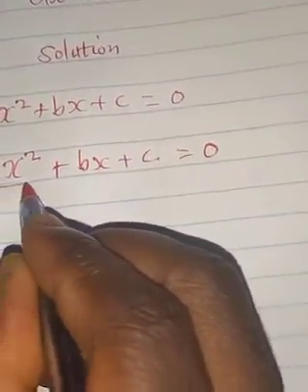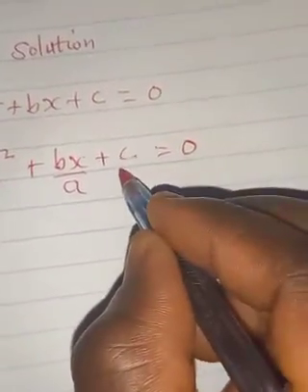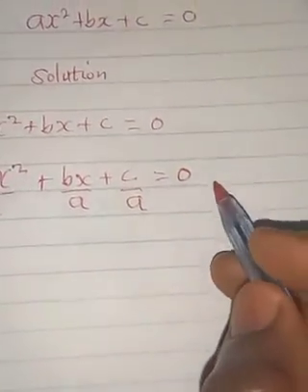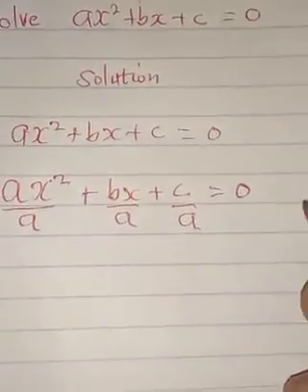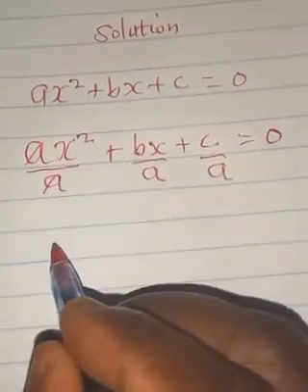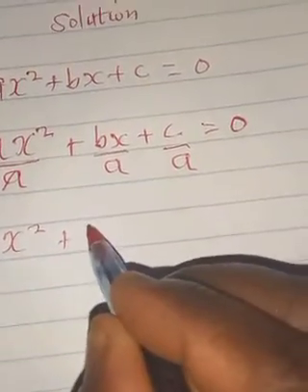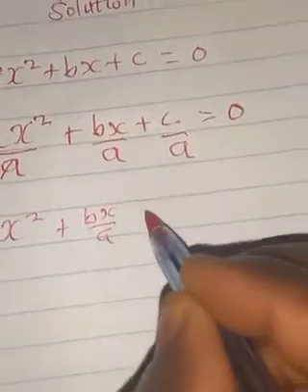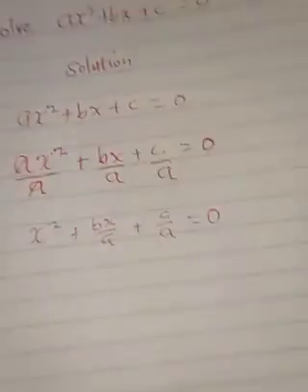We are dividing both sides by a. And we know that when we divide 0, it is going to give us 0. So you leave it like that. With this, we'll cancel this. So at the end of the day, we are going to get x squared plus bx all over a plus c over a is equal to 0.